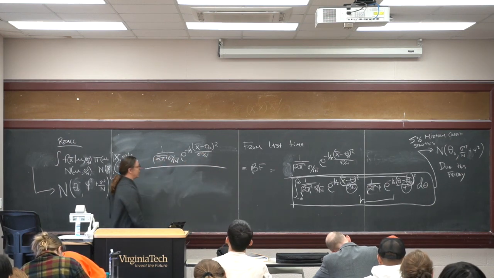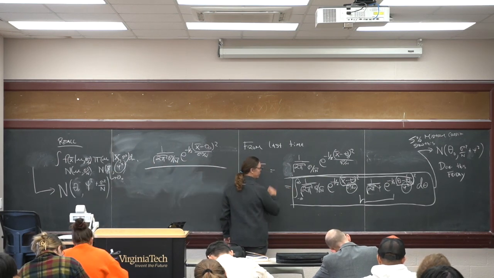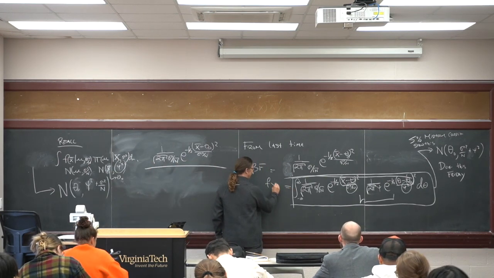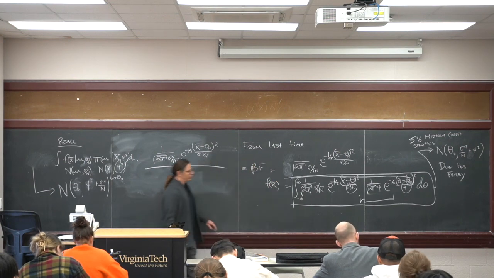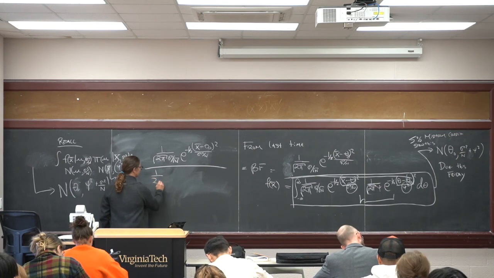And this is going to be divided by that marginal distribution. So down here, I usually call this thing something like f of x bar. So that's the marginal of the data. And we know what it is.